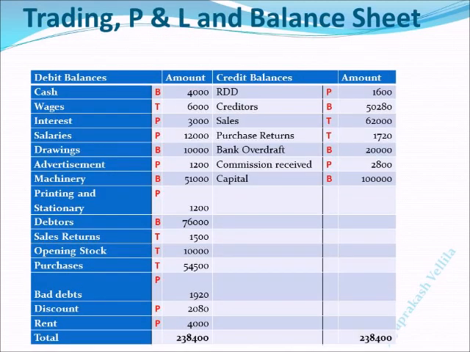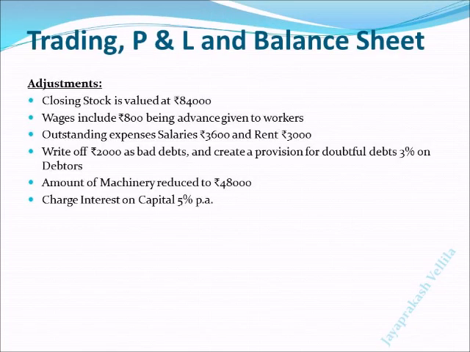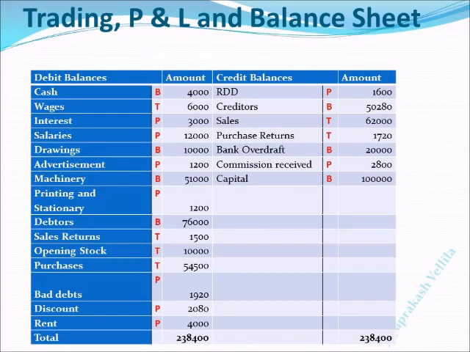Next entry in the trial balance is machinery. According to the adjustments, it is given that the amount of machinery is reduced to 48,000, that is, after depreciation it is 48,000.